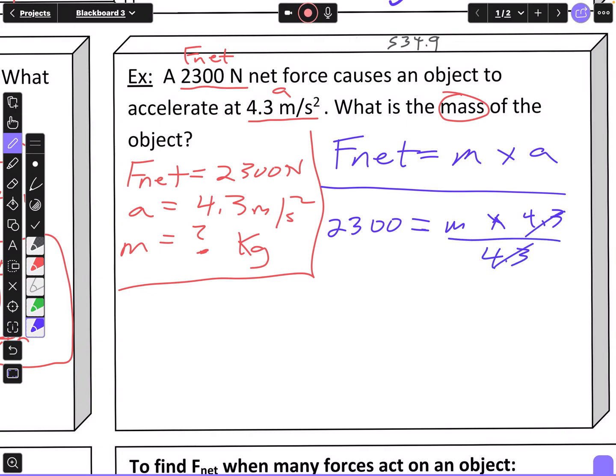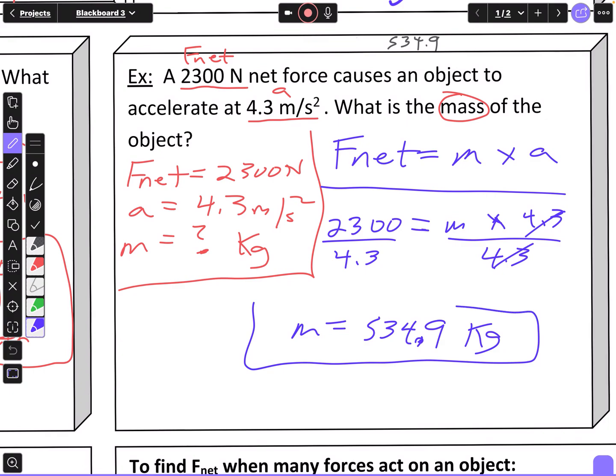It's going to cancel on this side. So my mass is equal to 2,300 divided by 4.3. Once I work that out to one decimal place, I should get 534.9 kilograms. Put a box around my answer.